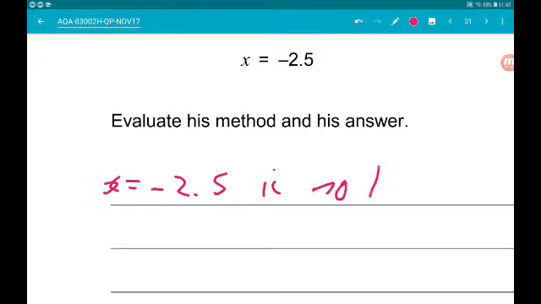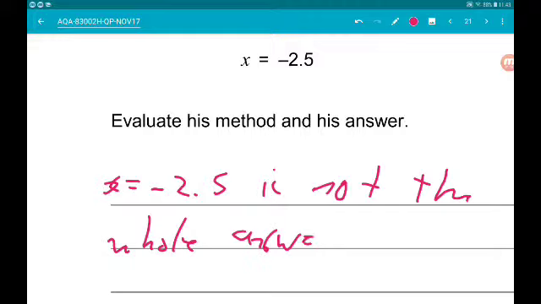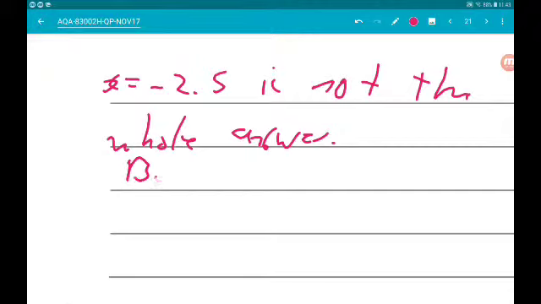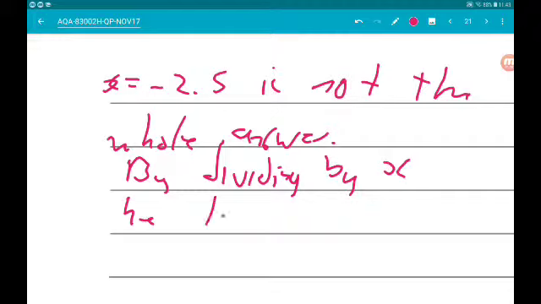What he's done is, by dividing by x, he loses a solution.